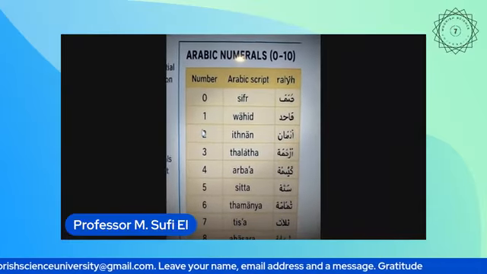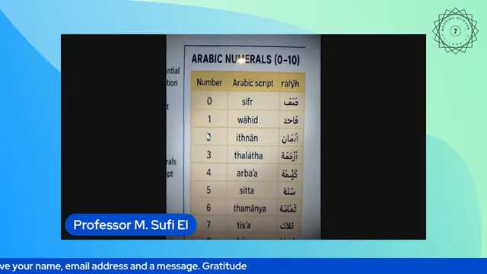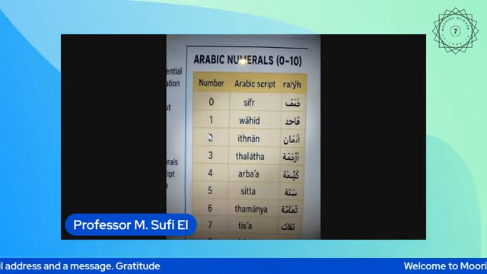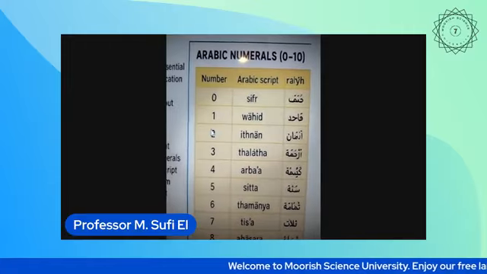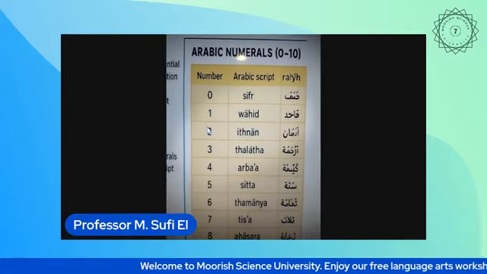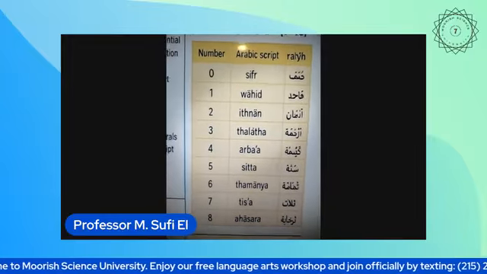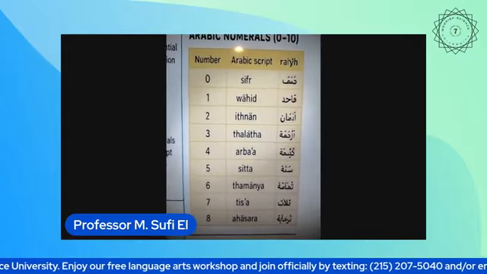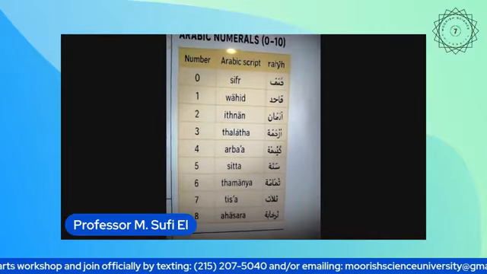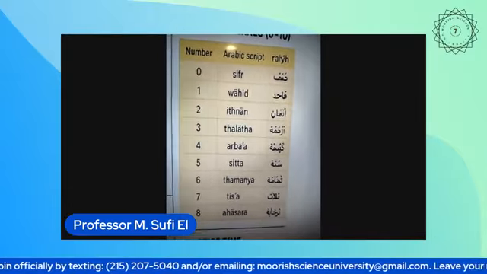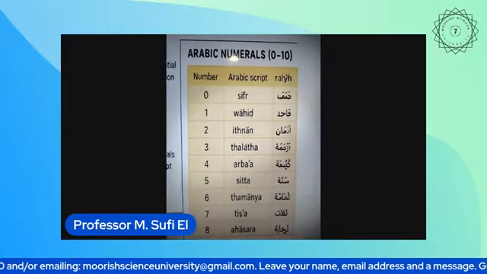This is the numbers, cipher. That's where you get the word cipher from. One is wahid. Two is ithnain. Three is thalatha. Always say these out loud as well, because it helps you remember with muscle memory, sound power.